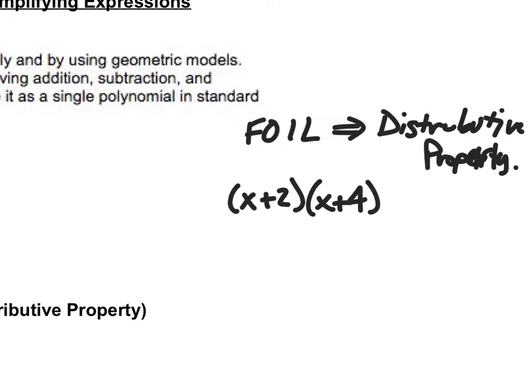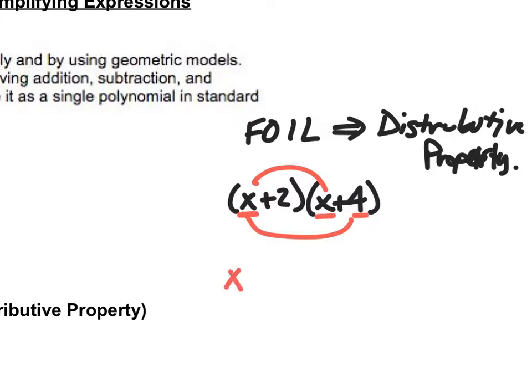Now, when we did FOIL, you'd multiply the first two together, and then the last two, or the outside ones. So when you do the first and the outside, think about what you're doing. You're taking x and multiplying it by x plus 4.